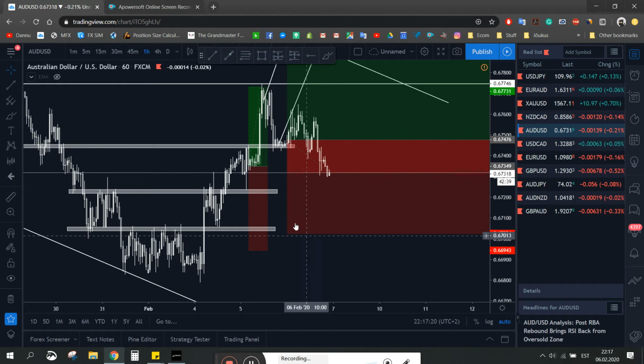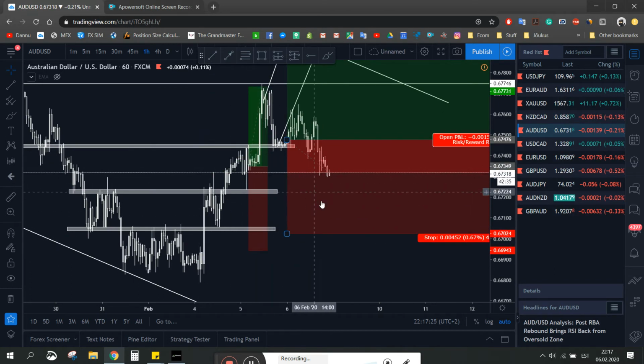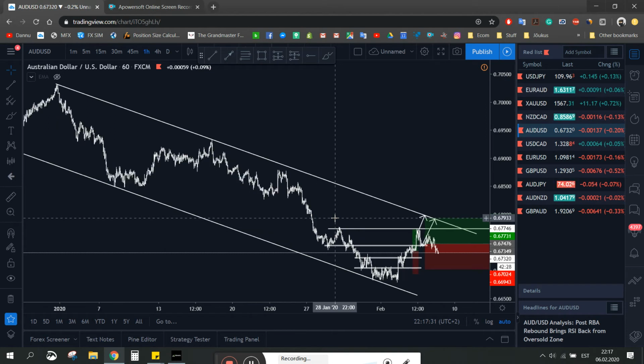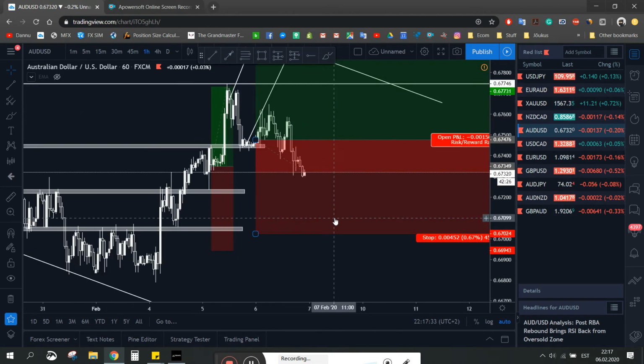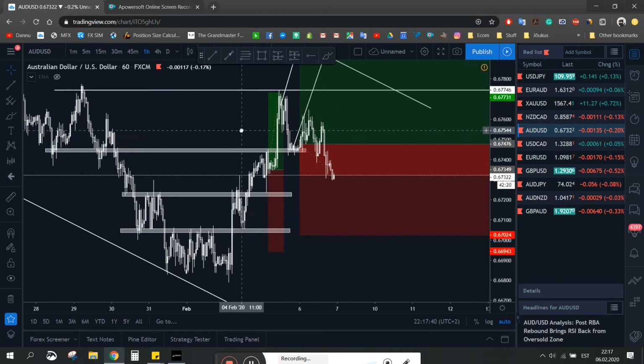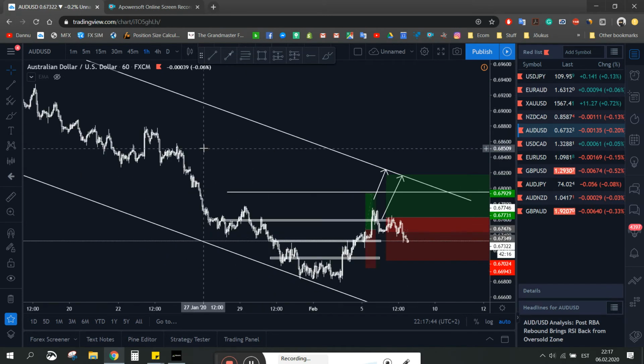It's not going to hit my stop loss anytime soon. It has to break 2 support levels. But yeah, I don't know, we'll see how that goes. I'm not going to exit the trade just because price reversed. Price might come back to the support level and easily shoot up.